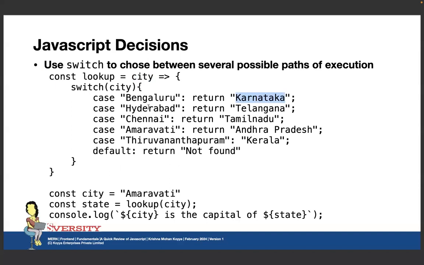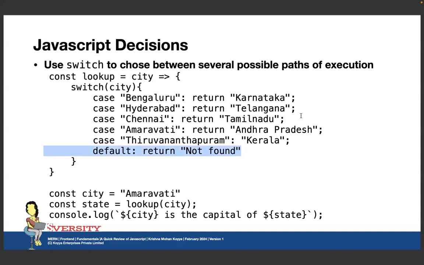If the city name is Hyderabad, it returns Telangana, and so on. If it is not any of these city names, in such a case, it comes to default. And in this case, it is returning not found. That city is not found in our function.